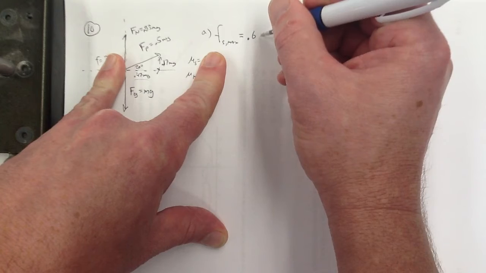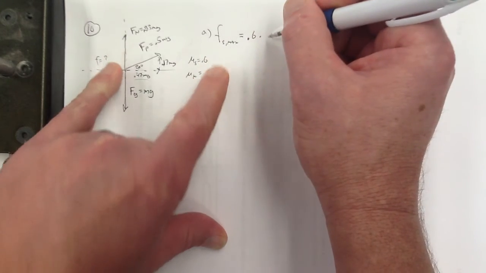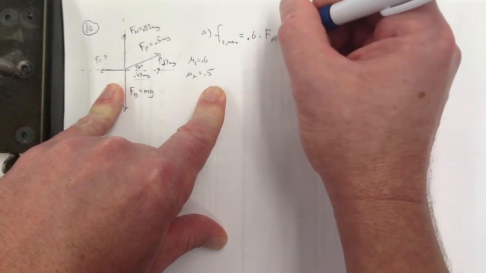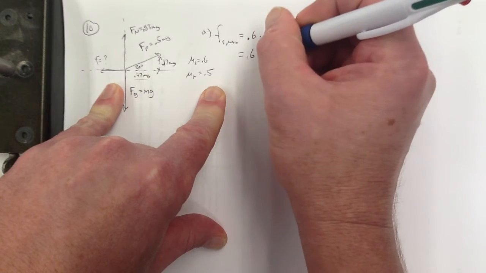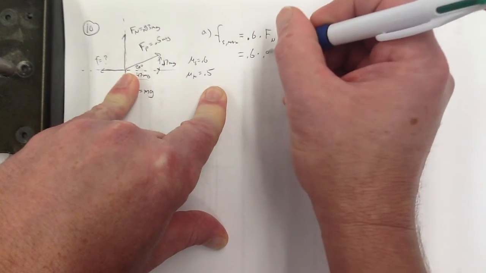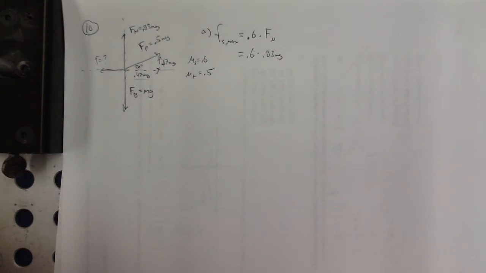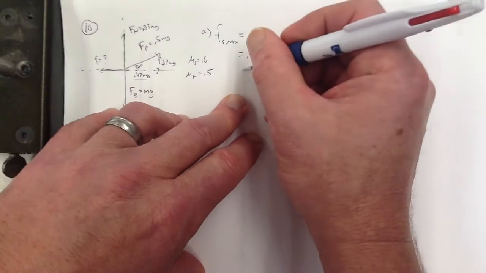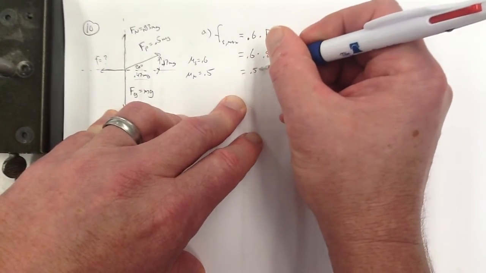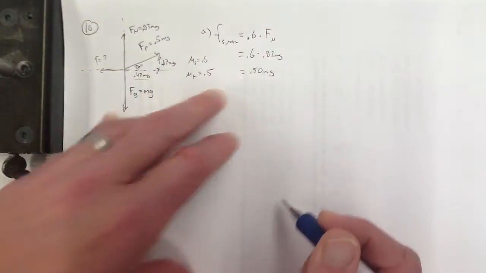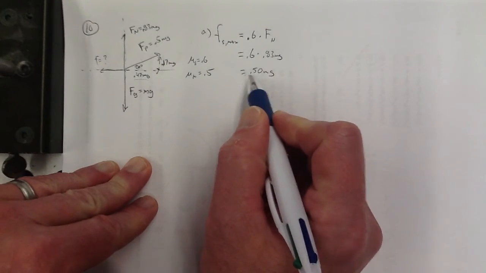But we don't know that yet. So 0.6 times the normal force, and that's 0.83 mg. So 0.6 times 0.83, that's right about 0.50 mg. And is that enough?